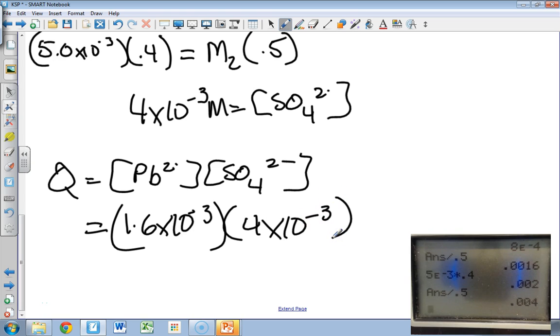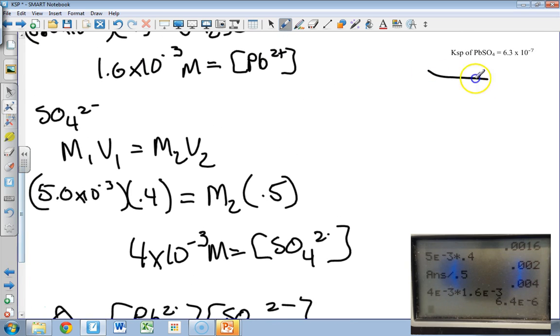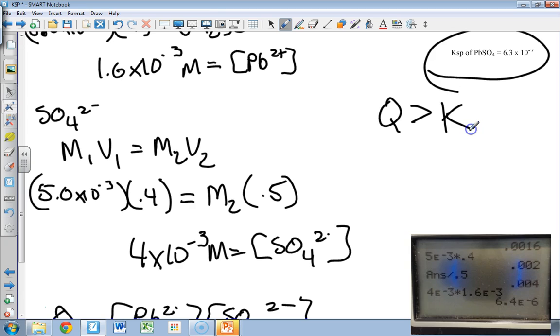We multiply those together, and we get 6.4 times 10 to the minus 6. Okay? Now, we compare that to Ksp. So Q in this case is greater than K.